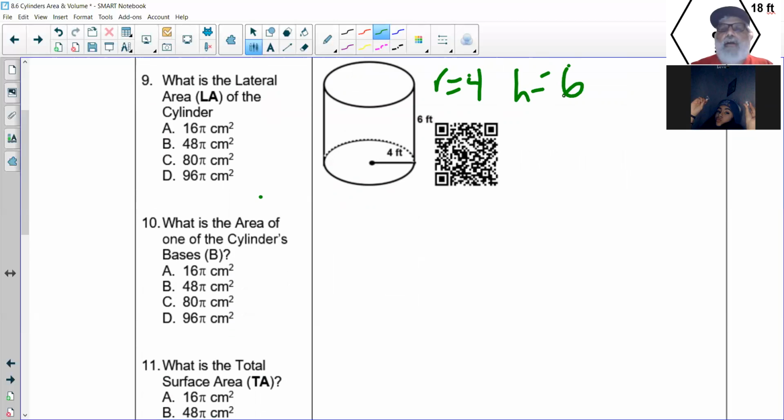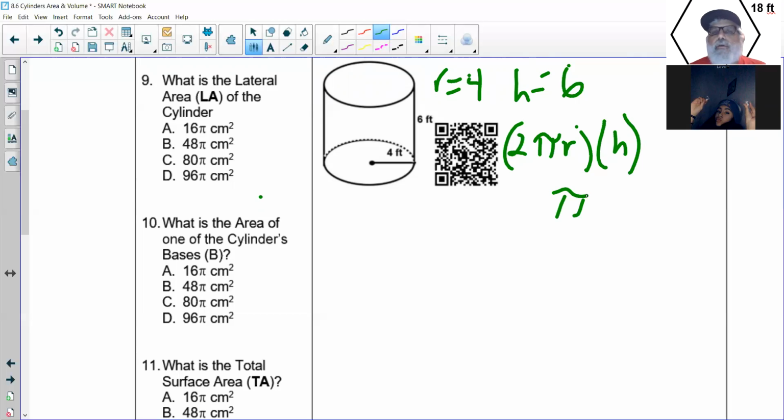For the lateral area, it's 2 pi r times h. Pi is part of the answer, so you don't have to do the pi. So it would be 2 times 6, which is 12.